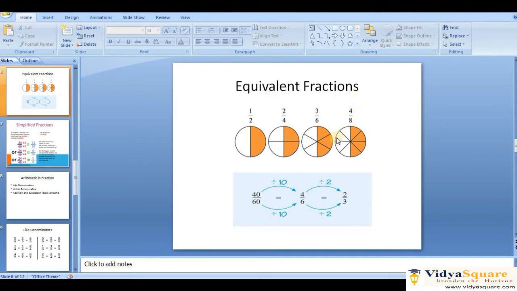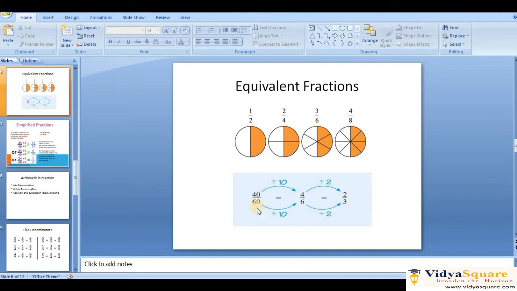Okay. Similarly, I can also divide these numbers by the same number in the numerator and denominator. So when I divide 40 by 60 by 10, it becomes 4 by 6. Next, if I divide 4 by 2 and 6 by 2, it becomes 2 by 3.